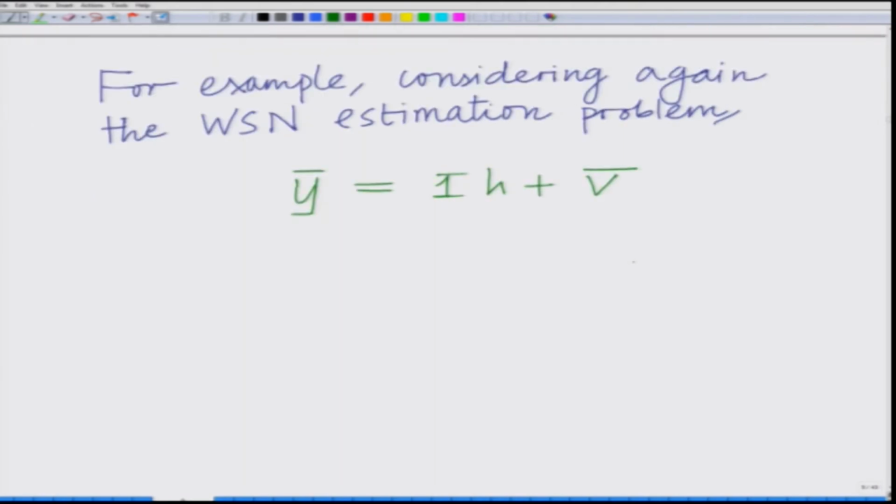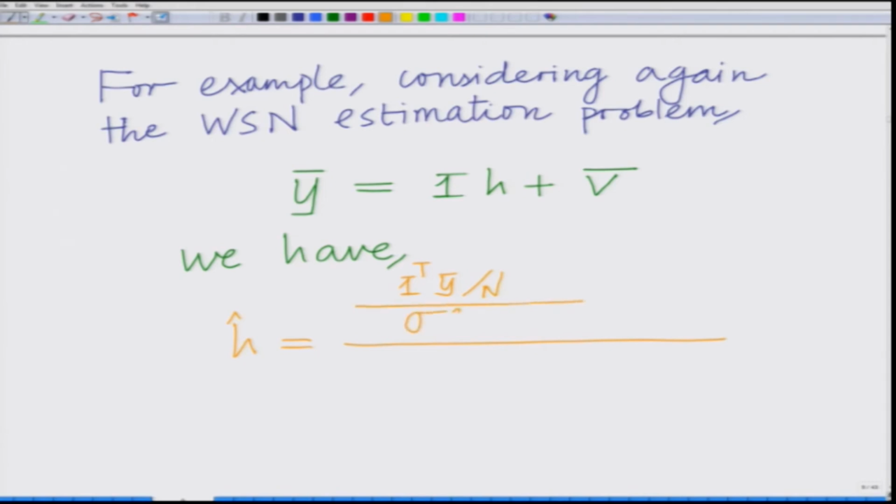We have the estimate, recall that the estimate h hat is 1 bar transpose y bar divided by n by sigma square, divided by n, plus the prior mean mu h divided by sigma h square, divided by 1 divided by sigma square n plus 1 divided by sigma h square.